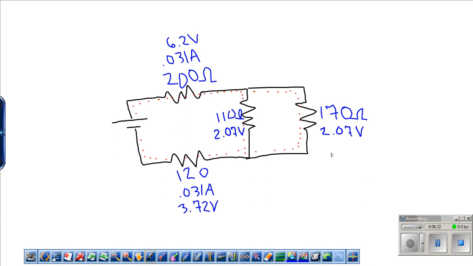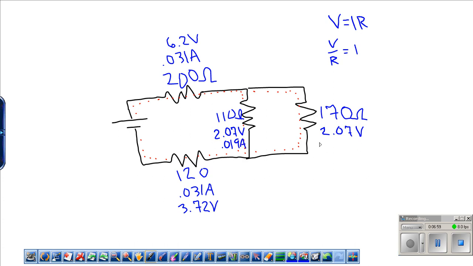Again, Ohm's law. Seems like it's getting old, but check it out. If we have V equals IR, and we have both voltage drop and resistance, what do you have? Current. So we take V divided by R to get current. Let's do that for both of them. Taking 2.07 divided by 110 ohms, we end up with a current through this 110 ohm resistor of 0.019 amps, or 19 milliamps.